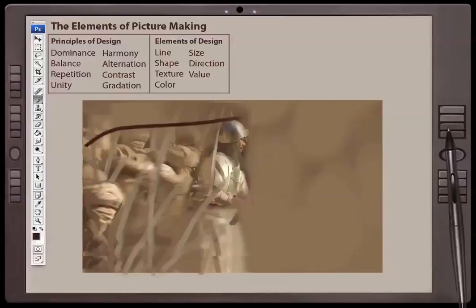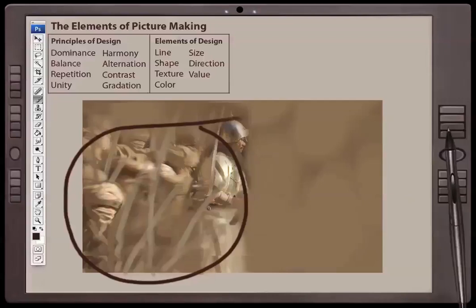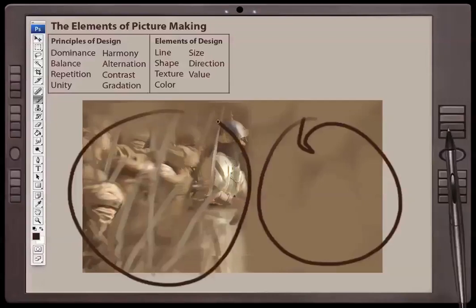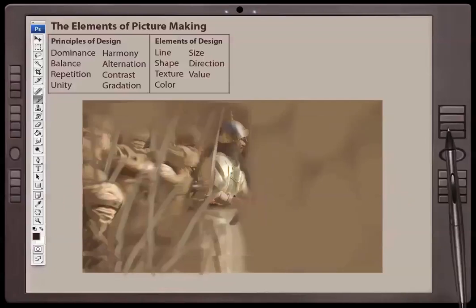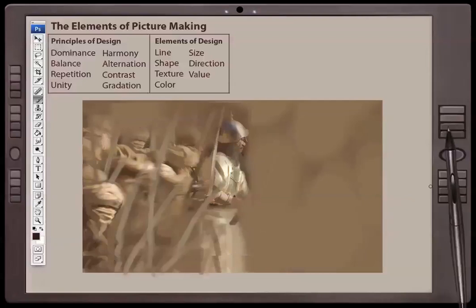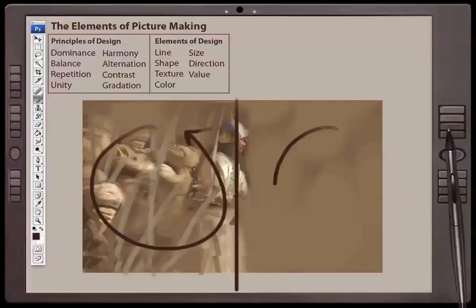The activity that is seen here attracts more attention than this part here, and therefore this part has more visual weight. That means that some change has to occur here in order to balance all of this visual weight over here. Right now, the two sides are not in balance. There's more weight on the left than there is on the right.